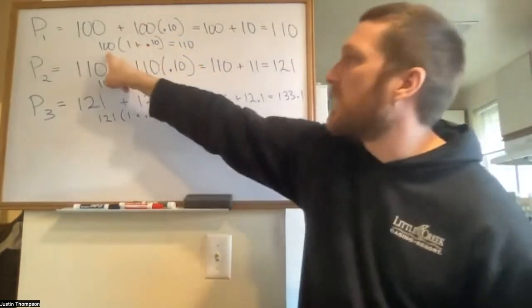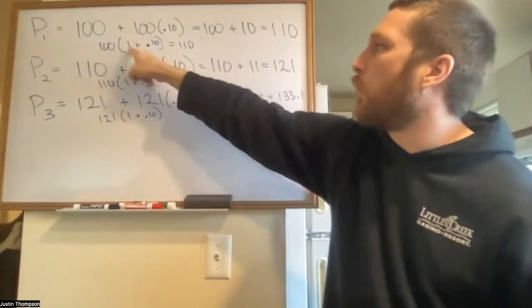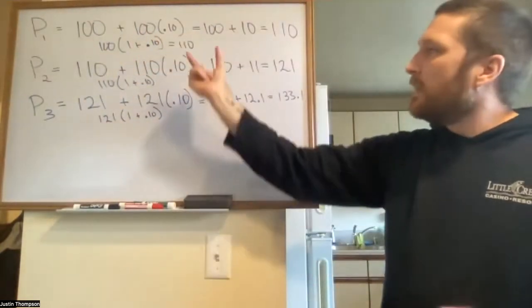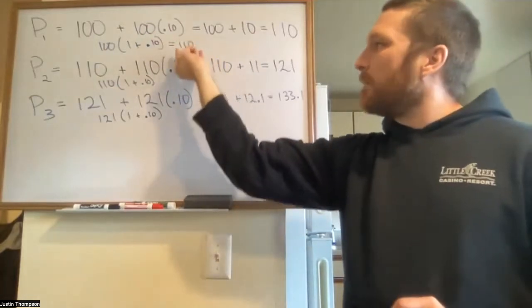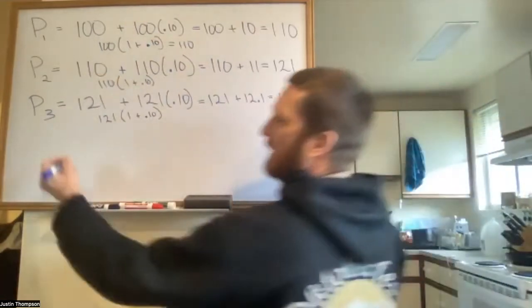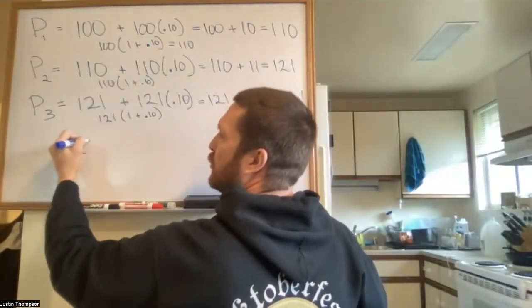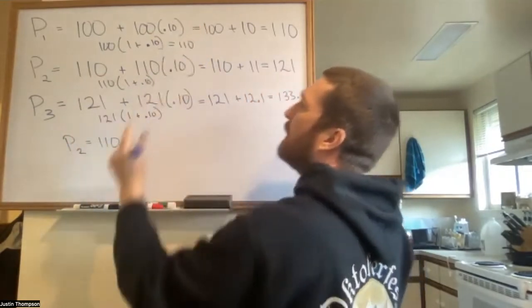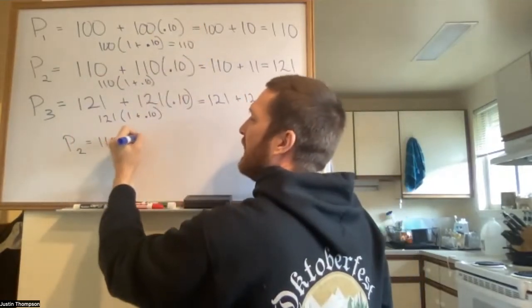So I take 100 and multiply it by 1 plus the rate, and it tells me what I get after 1 year. Then I take that number and multiply it again by this to find what it is after 2 years. In other words, take 110, the output amount from your first calculation, and do this right here.